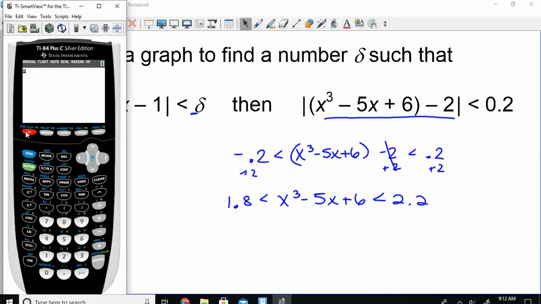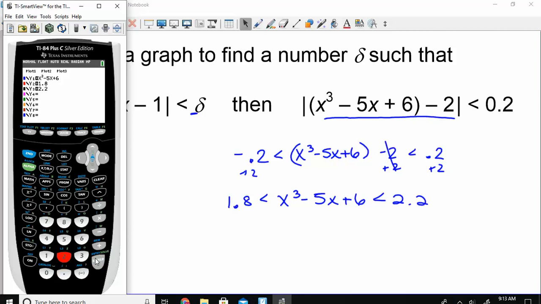Let's grab a graphing calculator. Okay. I'm going to graph this function, x cubed minus 5x plus 6. And I want this to fall between 1.8 and 2.2, so I'm going to put those in as a y2 and a y3.